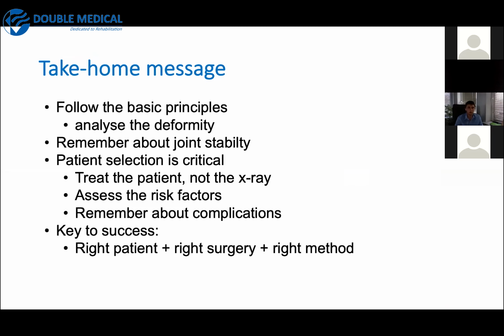We need to define the contraindications to these types of surgeries. We need to assess the risk factors, and we also always need to remember about possible complications. So the key to success is to choose the right patients, to do the right surgery for them, and to choose the right method of deformity correction.